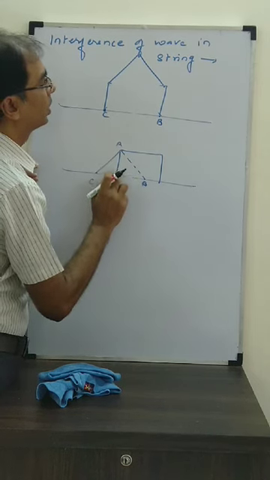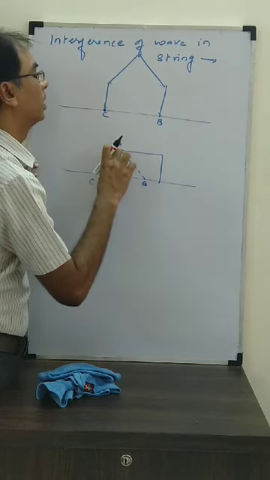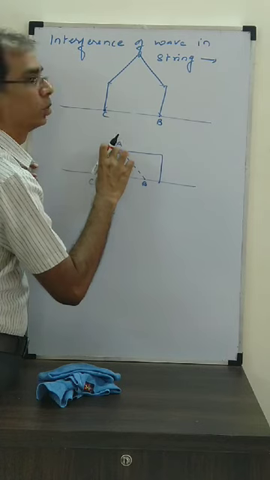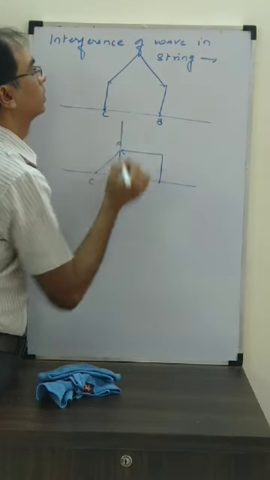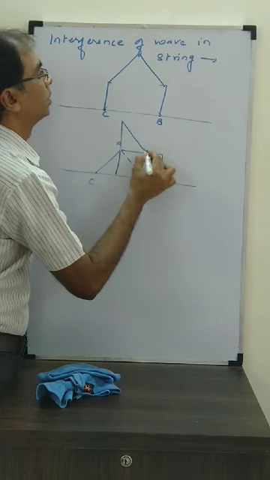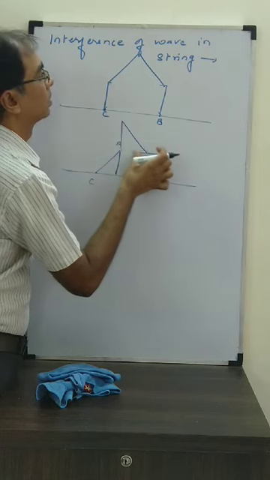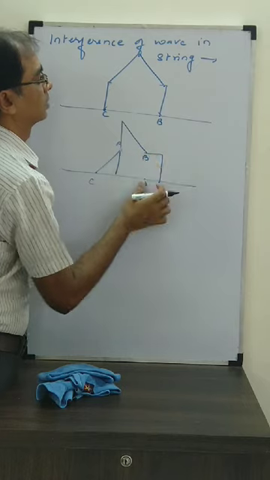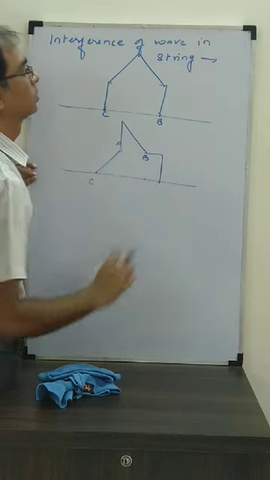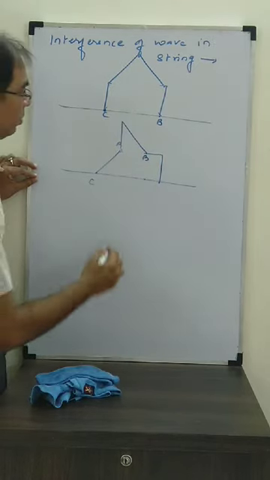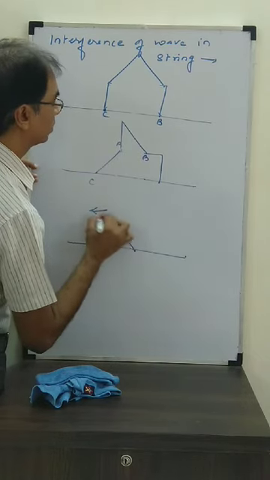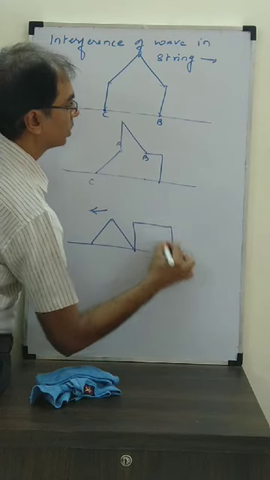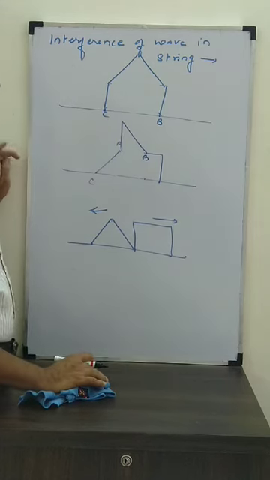At this particular point, displacement of the rectangle and displacement of the triangle, both are A. So this point here will be visible to you like this. And B will be visible to you like this. This is the pulse. And after some time, again, the triangle goes into its own way and the rectangle goes into its own way. I hope it's clear to you.